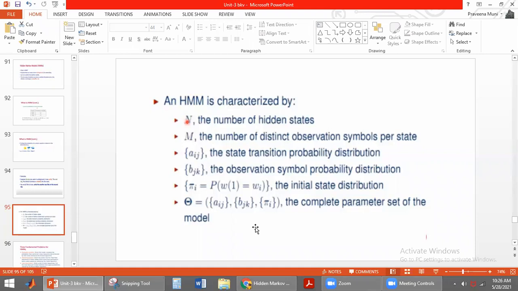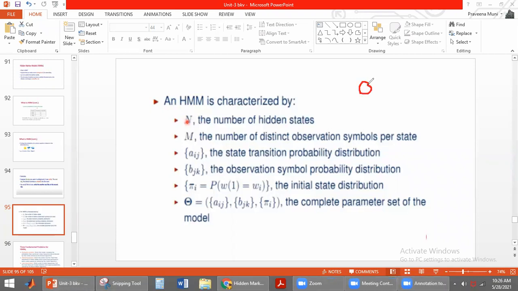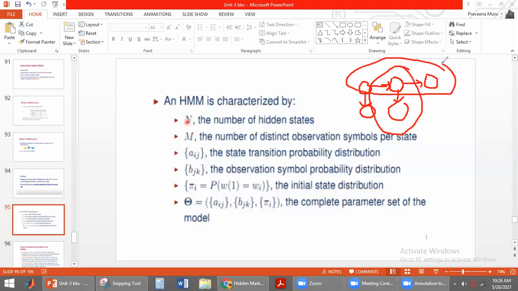In the hidden Markov model, we have a transition table and an observation table. For example, if you want to know whether it is raining tomorrow, it depends on the weather today. This is called the transition model. Observe the umbrella carrying: if it is raining, the director will carry an umbrella. This part gives us the observation model, and this part gives us the transition model.